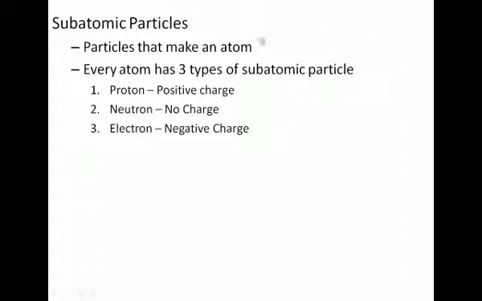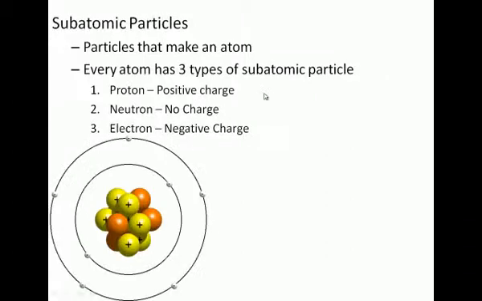Now there's things called subatomic particles. In an atom, there are particles that are smaller, and every atom is made up of 3 types of subatomic particles: protons, neutrons, and electrons. Protons have a positive charge, neutrons have a neutral or no charge, and electrons have a negative charge.